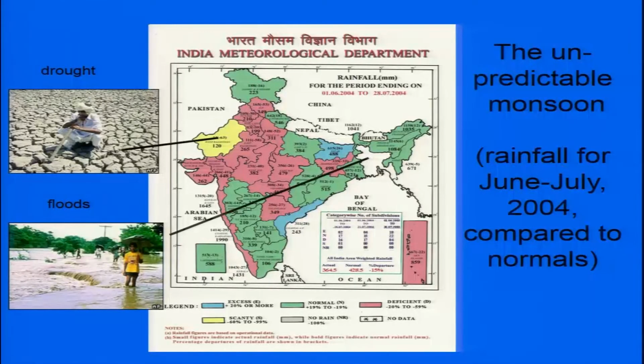Some places it is quite erratic, and again we see that, for example, in Bangladesh in the east we have flooding most of the time during the monsoons, whereas here it still remains dry, that is the Rajasthan area.